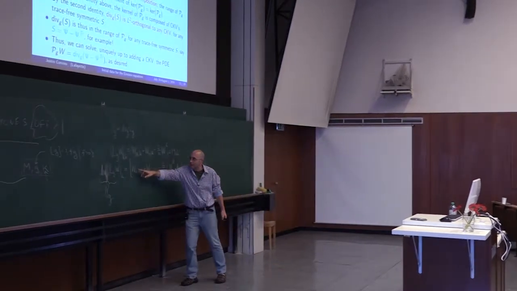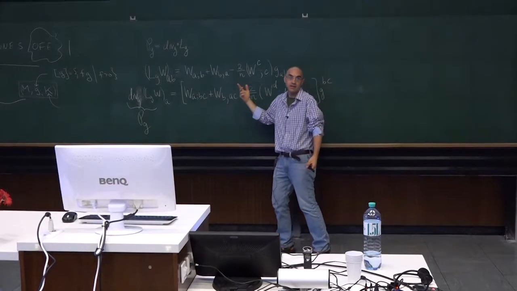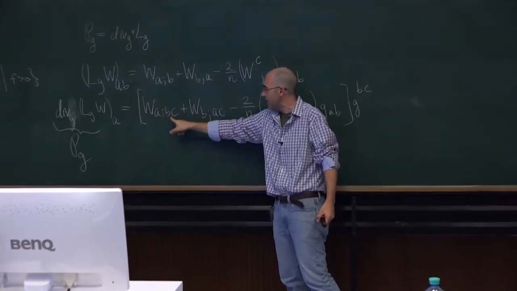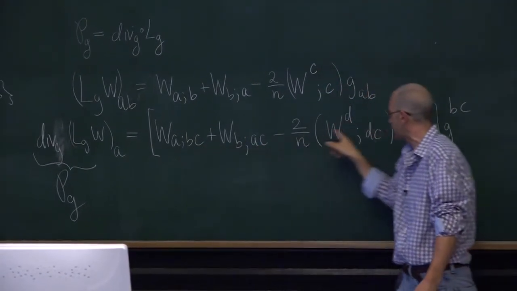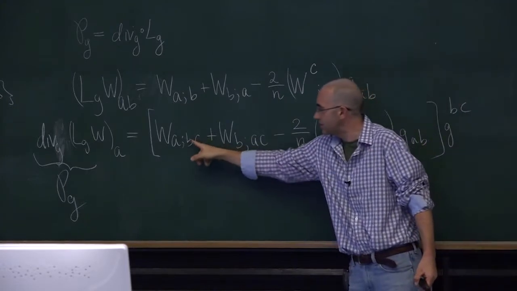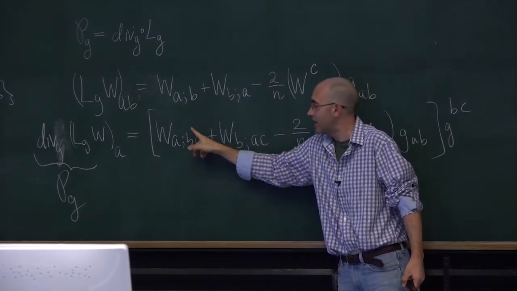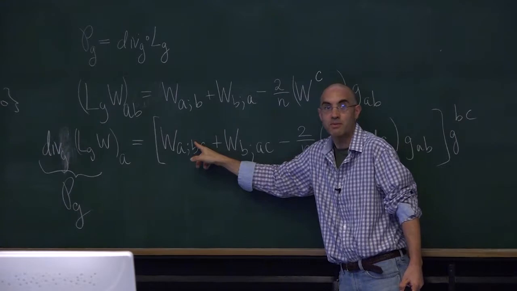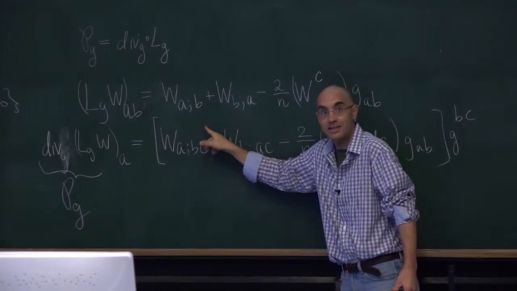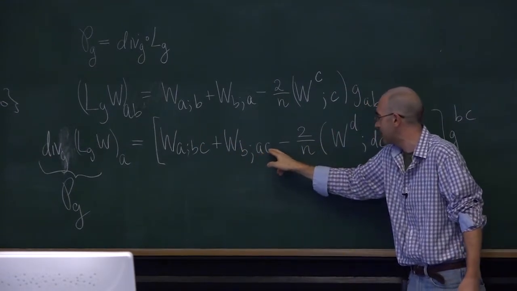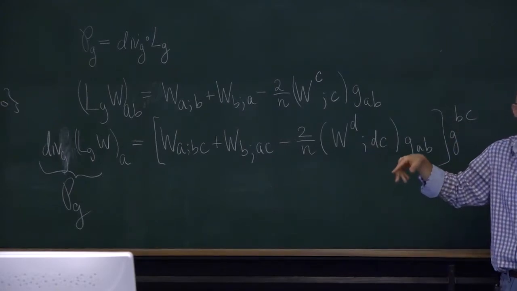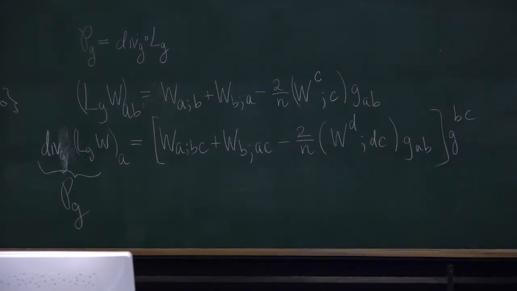Basically, you go to the operator written on the board here, and everywhere you see a derivative, you put in a symbol like from a Fourier transform, xi_b, xi_c, and then check that whenever xi is not 0, that operator is an isomorphism on the fiber, and it is. It's not immediately obvious.